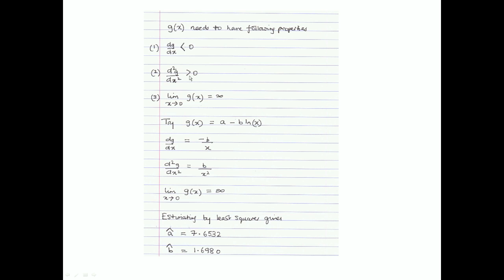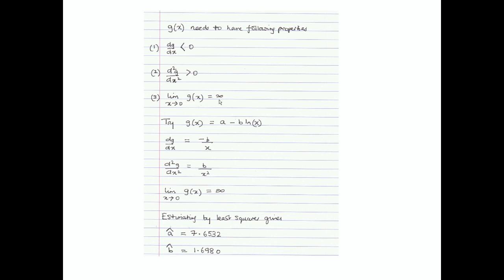It should flatten out as the level of x increases. And then finally, we want it to approach the vertical axis as x becomes very small. In other words, as x tends to 0, the limit of the function should become infinite. It should become asymptotic to the vertical axis. So what sort of function would satisfy these properties?